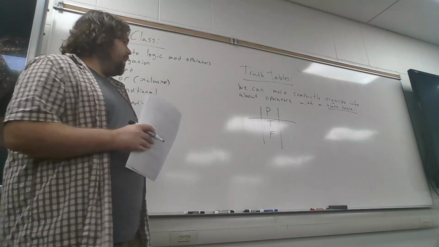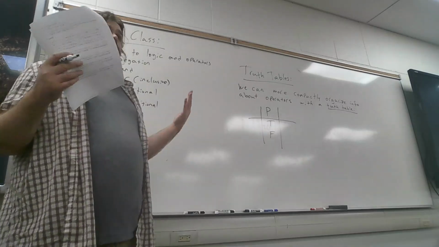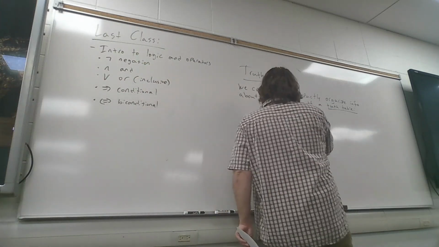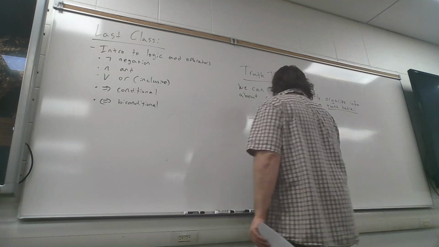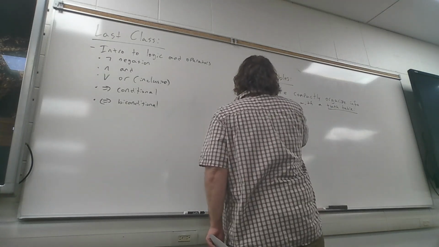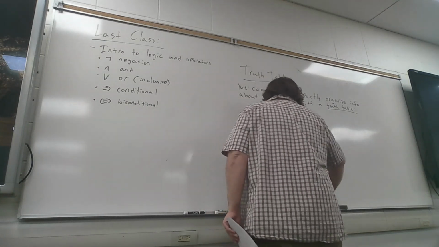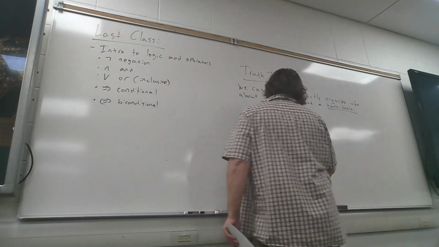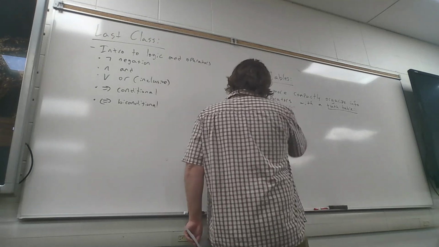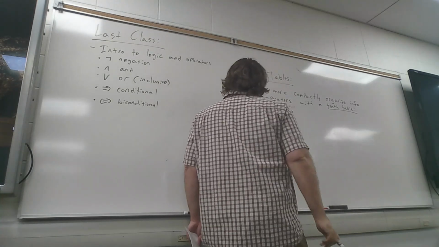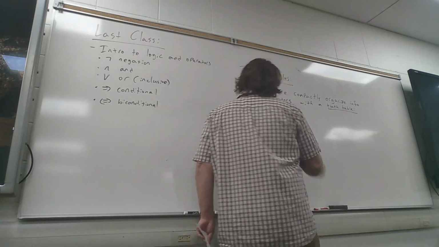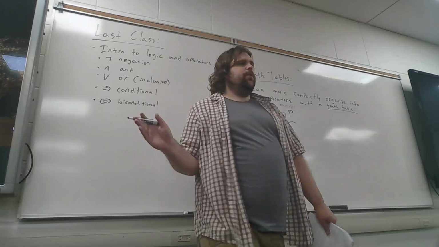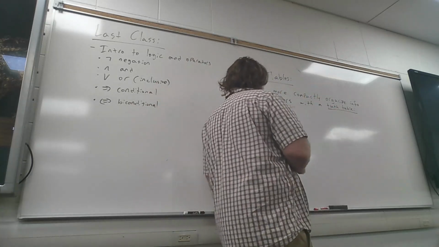It takes whatever P is and flips it. True becomes false and false becomes true. So this is our input, and this right here is our quote-unquote output. We plug in true, not P gives us a false, and when we plug in false, not P gives us a true. So this is the simplest truth table we could possibly build.